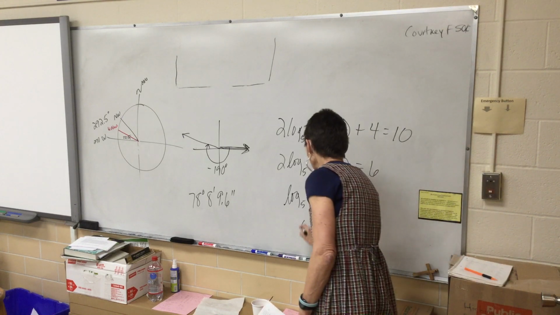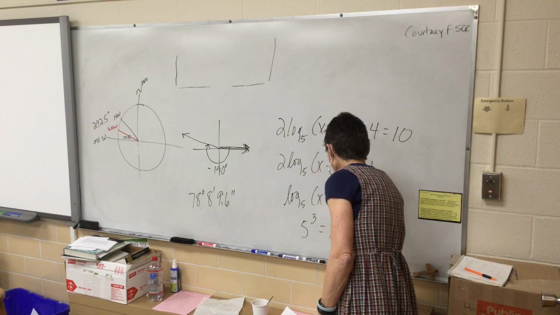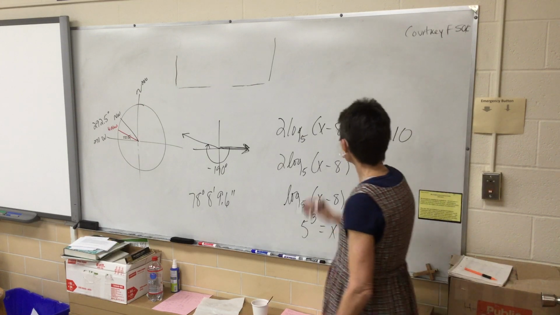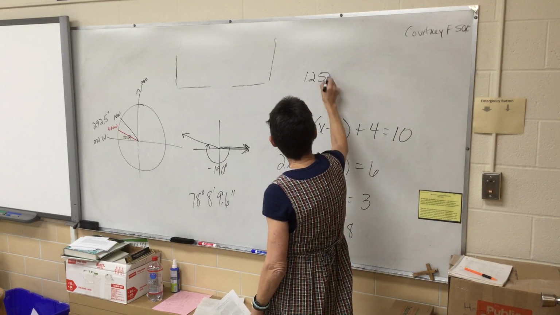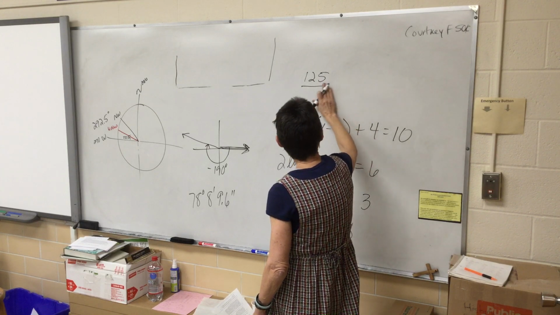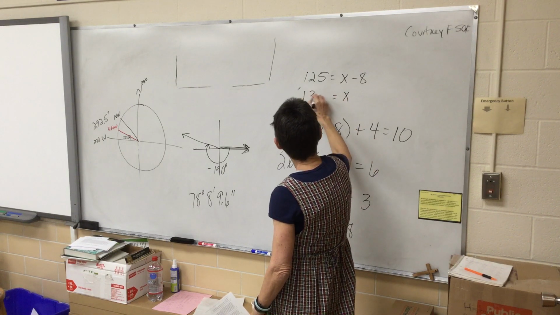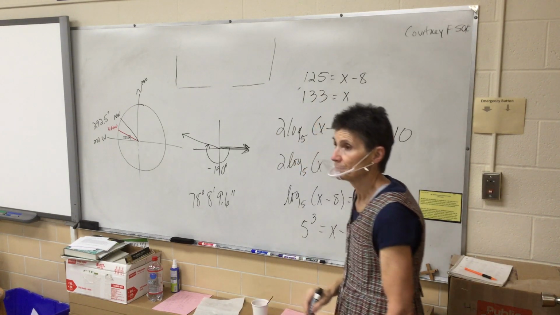So log base 5 of (x minus 8) equals 3, which means 5 to the 3rd equals x minus 8. 5 times 5 times 5 is 125, equals x minus 8. So what is that, 130? 133?